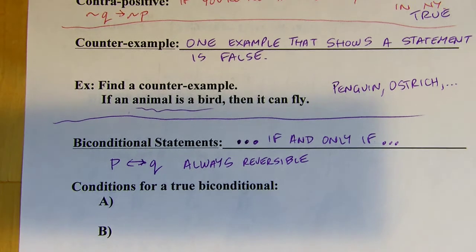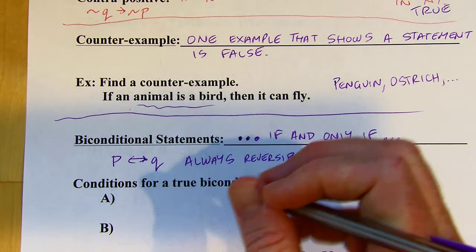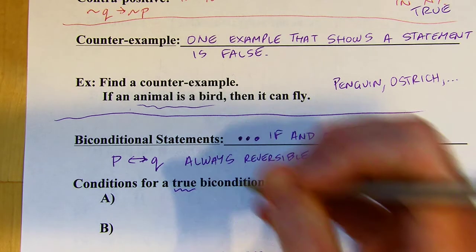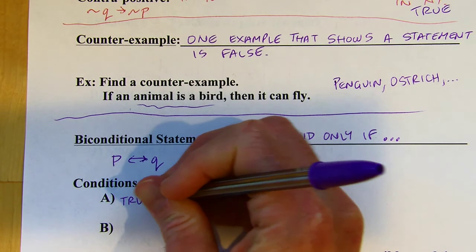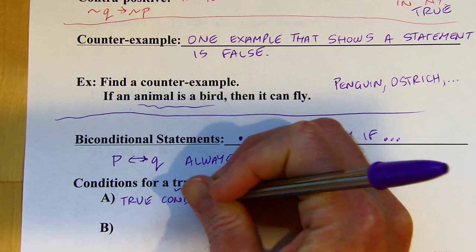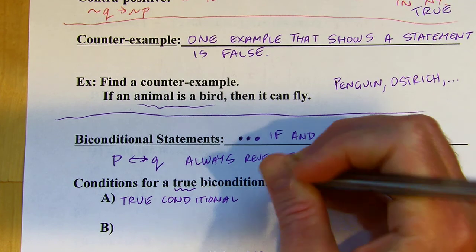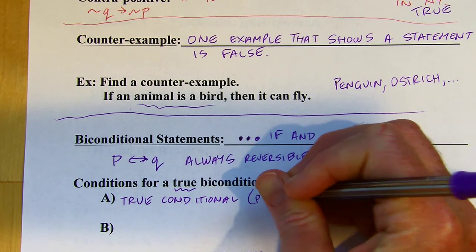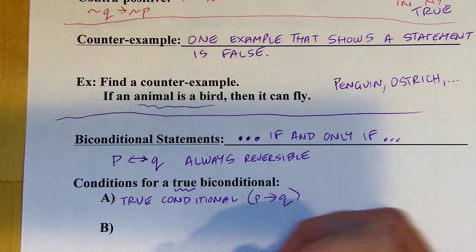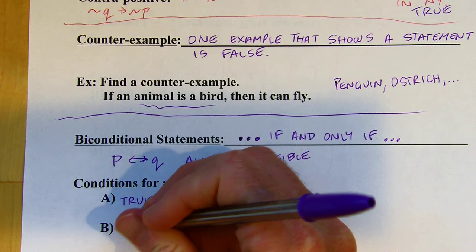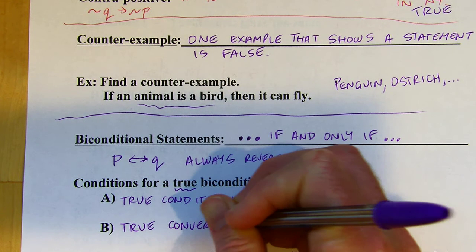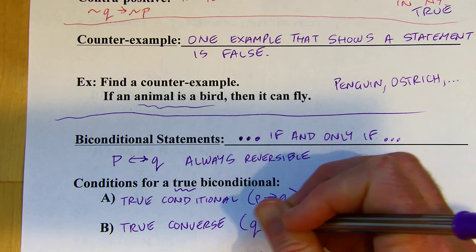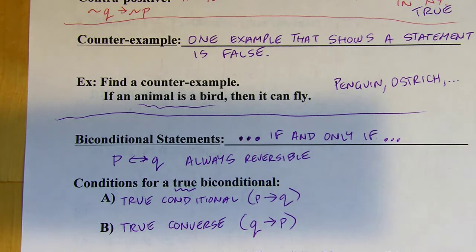The conditions for a true biconditional, if you want a biconditional that works, you need a true conditional, so that means if the hypothesis does lead to the conclusion, that works, and you need a true converse, so it needs to work in the other direction, because the converse goes from the original conclusion to the original hypothesis.